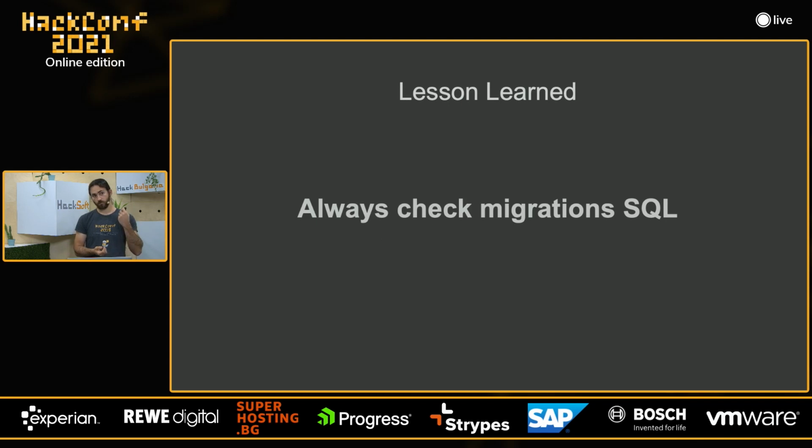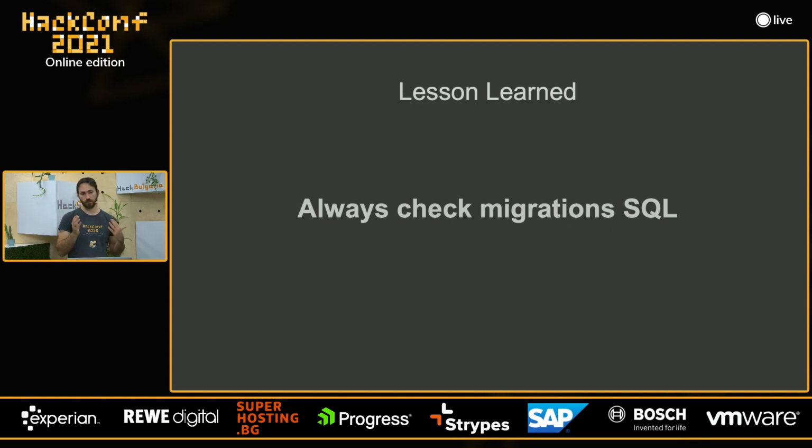So, what did we learn? Always check migrations SQL. When you have automated tools that interact with your database, that make changes on the schema or execute queries on your behalf, always check the pure SQL that they will generate, because even small changes that are not supposed to affect you in any way can bring you down.